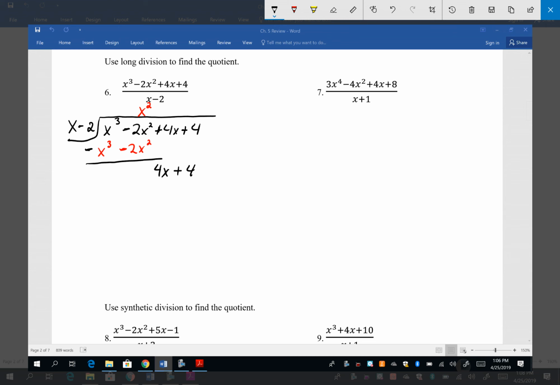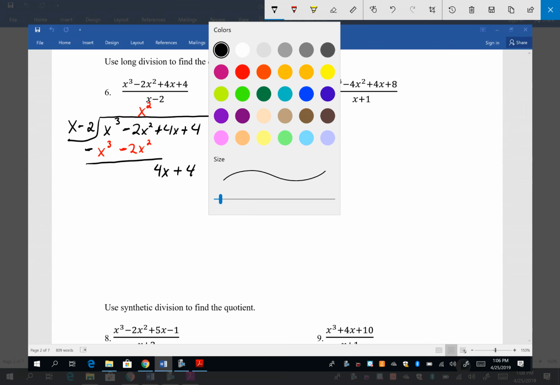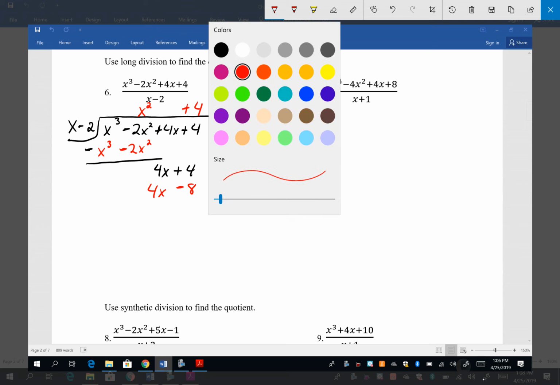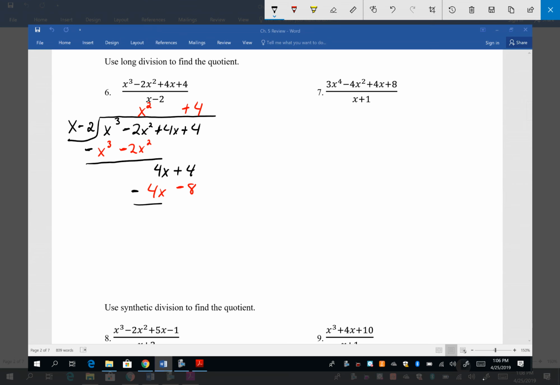How many times does x go into 4x? Plus 4. So we have 4x. What's 4 times negative 2? Negative 8. Subtract. 4 minus negative 8 is positive 12. Subtracting a negative is actually addition. So we have 12.